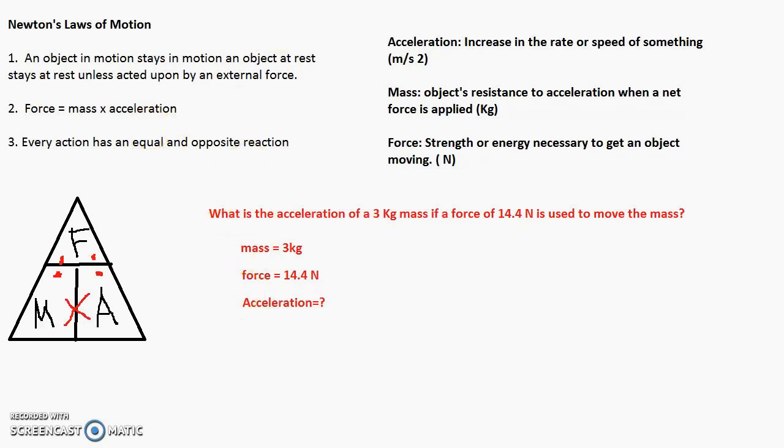So in order to do that, I am going to erase this A. And what I want you to do is cover up your A. And by doing that, what you will see is that now you are left with an F and an M, because F and M is all that you know. And since they are over one another, we are going to divide using F divided by M.